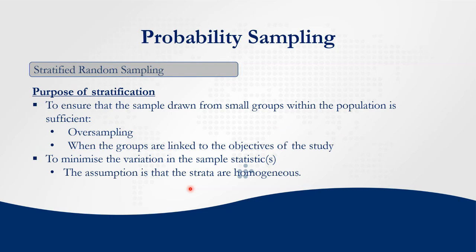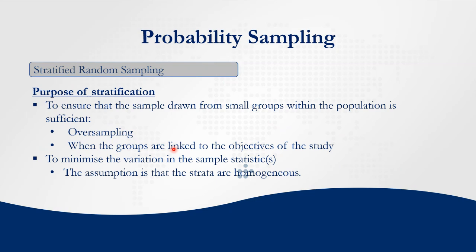It could also be because you want to compare, right? Because you know that there are access differences, so maybe you want to compare the impact of these differences. So you can stratify because you want to compare.